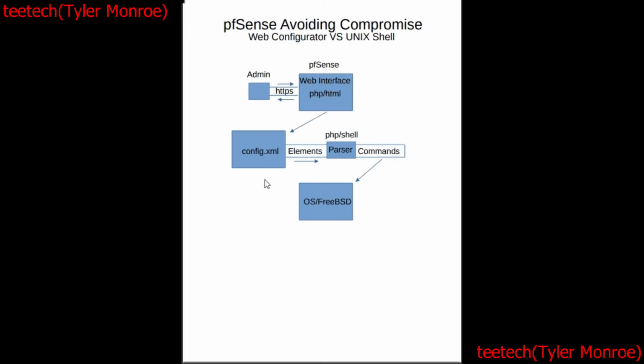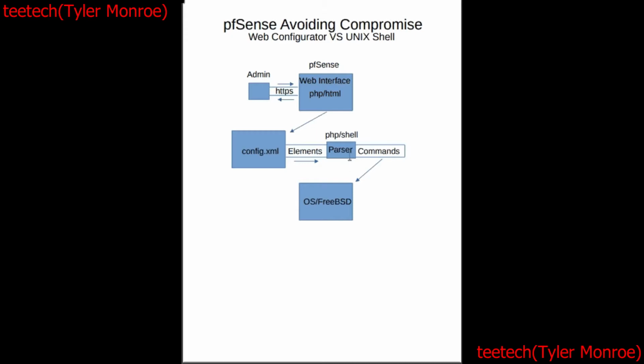Okay? And the thing is, the config.xml contents aren't the raw commands that the system actually runs. What has to happen is those elements in this config.xml file, like for instance a firewall rule, they have to get passed through parsing programs. So these are a mixture of PHP and Shell on pfSense, and there is a lot of them though.